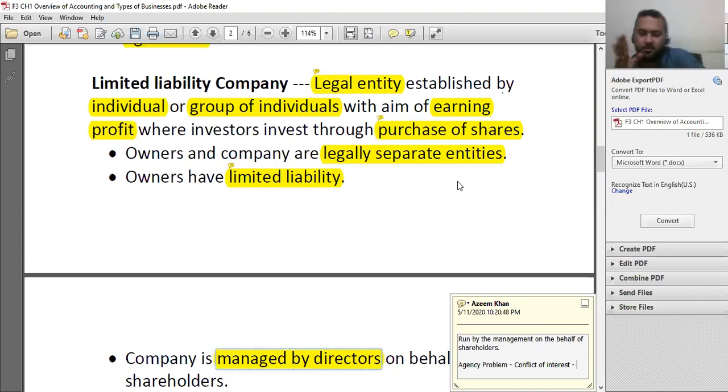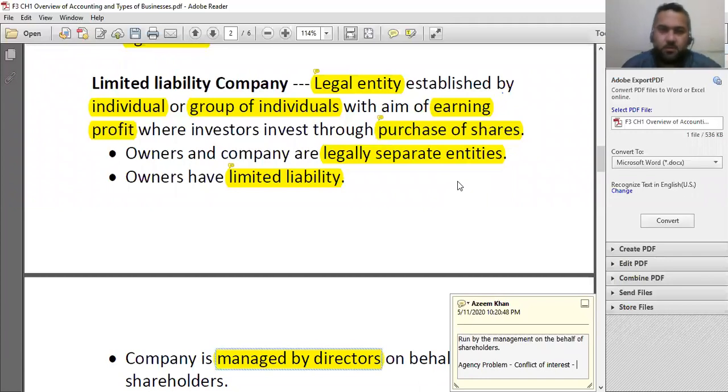Yes, you are right. When the directors want a high salary, then the profit of the owners or shareholders will be less. So this is the conflict. Also, if the owners or shareholders want more profit, they will decrease the salary of the directors. There is the conflict of interest. You are right.